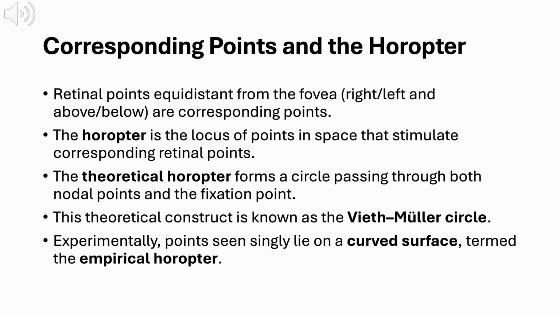In theory, this surface forms a precise geometric circle that passes through both nodal points of the eyes and the point of fixation. That idealized circle is called the Vieth-Muller circle. In reality, however, what we actually perceive as single vision lies on a slightly curved surface rather than a perfect circle. This real-world surface is referred to as the empirical horopter.